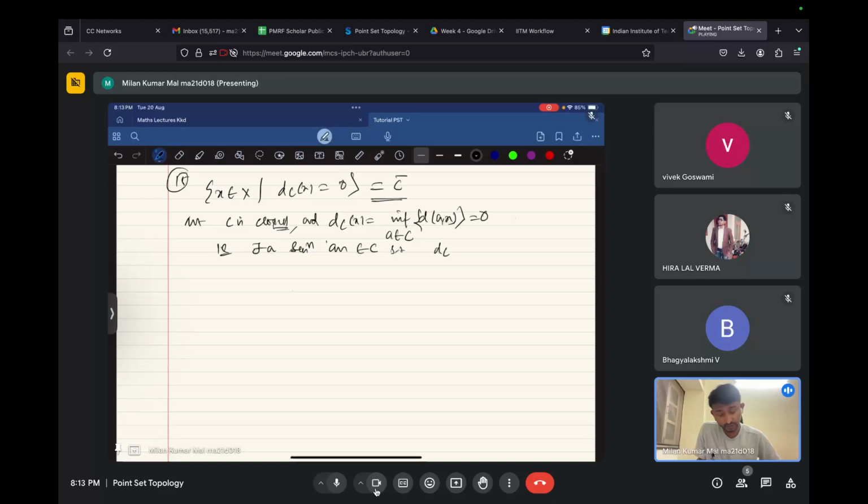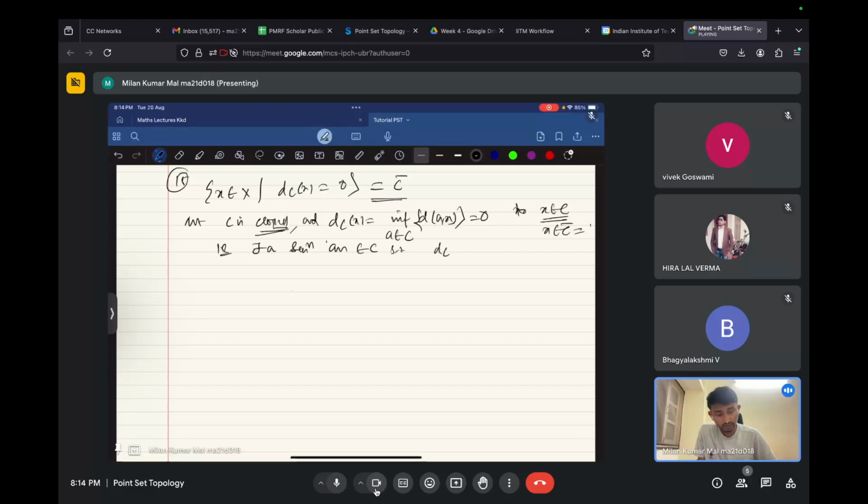Right, the target is that if C is closed and dcx equals 0, then I will prove that x is actually in C. It is enough to show that x is in C closure, because C is closed, so these two are the same. To prove that x belongs to C, it is enough to prove that x belongs to C closure.